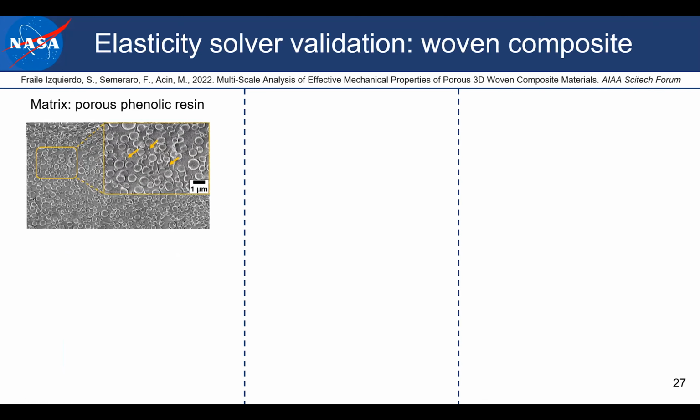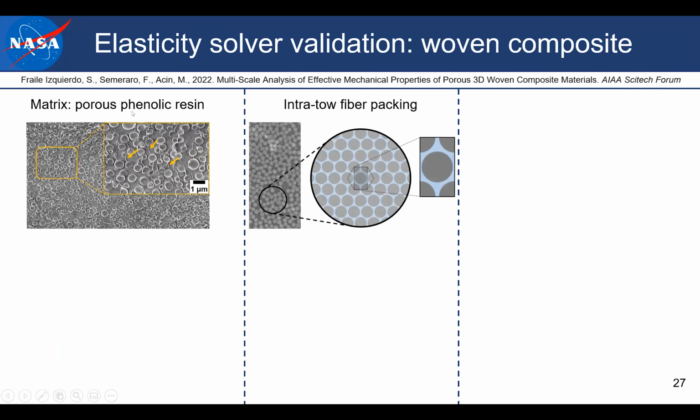His application studies a woven composite by investigating the porous phenolic resin used in between the tows of the weave, as well as the intra-tow fiber packing and how the elasticity for this intra-tow fiber packing looks.